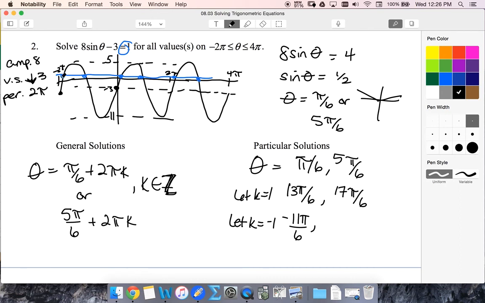It's the one that's almost 2 pi, because 2 pi would be -12 pi over 6. If I add 5 pi over 6 with -2 pi, then I'm going to get -7 pi over 6, and that's this one. So notice I can also help myself. I know both of these values are between -pi and -2 pi.